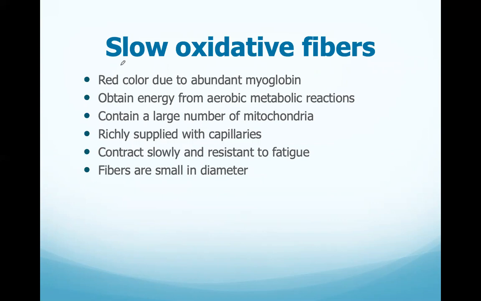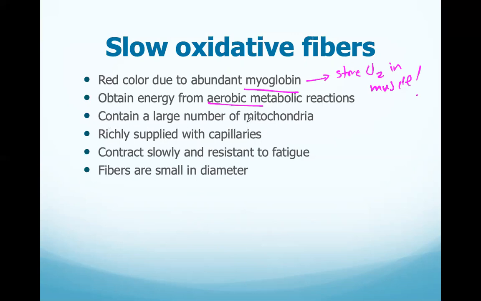A slow oxidative fiber is red due to a significant amount of blood vessels and myoglobin. If you're unfamiliar with that, myoglobin stores O2 in muscle. It obtains its energy through the aerobic process, which kind of makes sense.